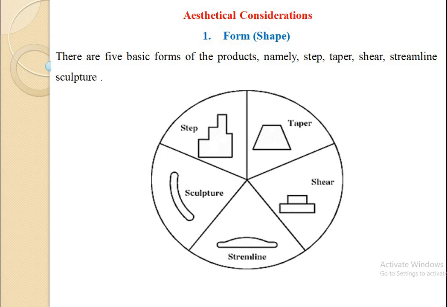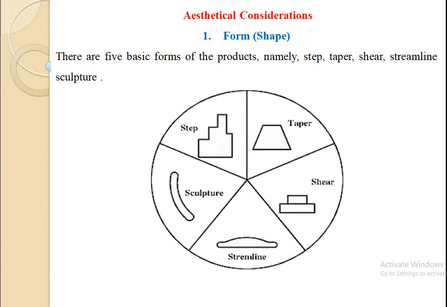If we observe, we will find that there are 5 basic forms of the products. If you look at any product around you, you will find that it falls in one of these categories.